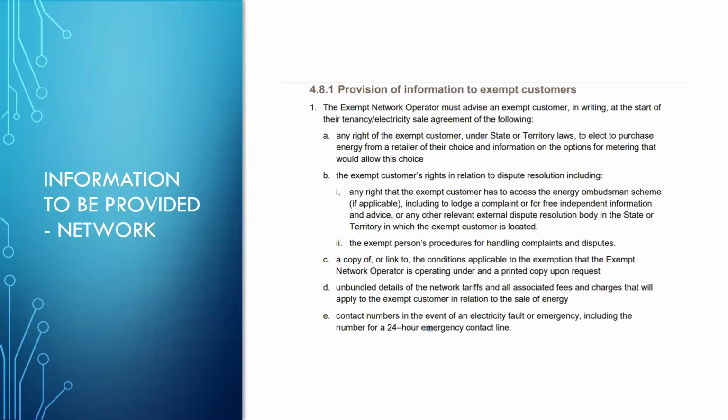Simply giving them Ausgrid's number wouldn't be sufficient, because there might be a fault or an emergency that is localized within the exempt embedded network, and the responsibility for that lies with the exempt embedded network operator. And it's one of the obligations that you have as the holder of an exemption or a retail license to deal with any disruption of service, particularly relevant if you have life support customers.